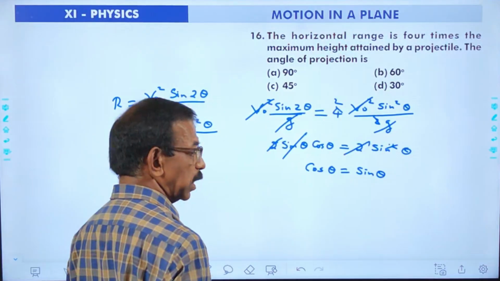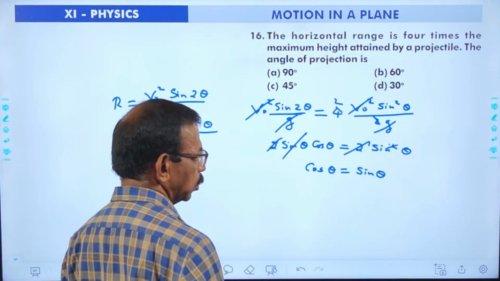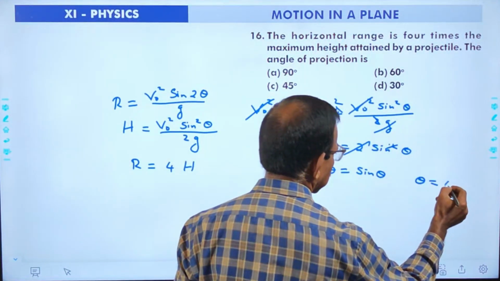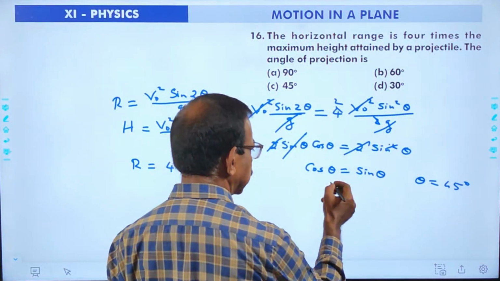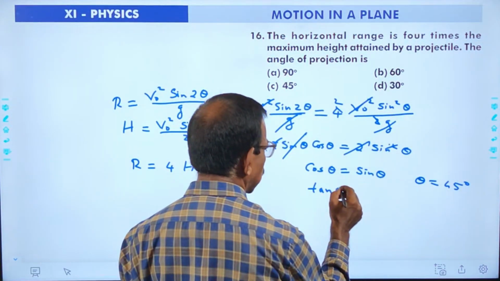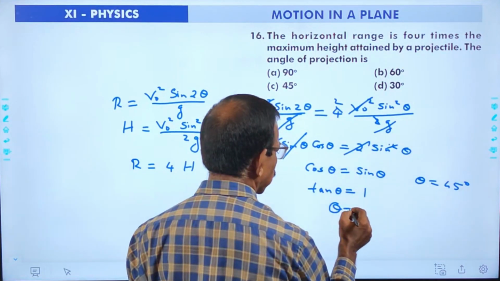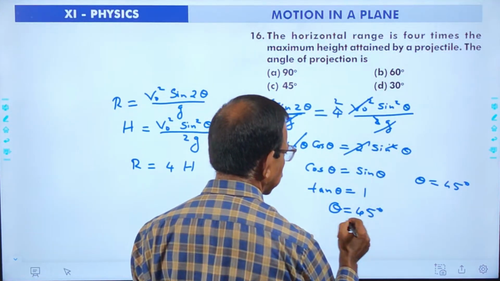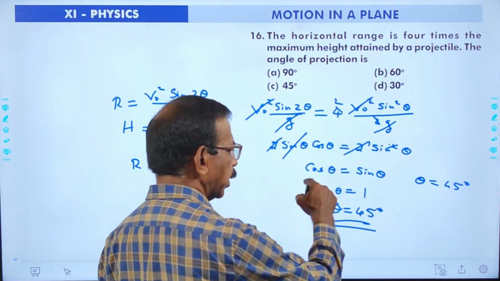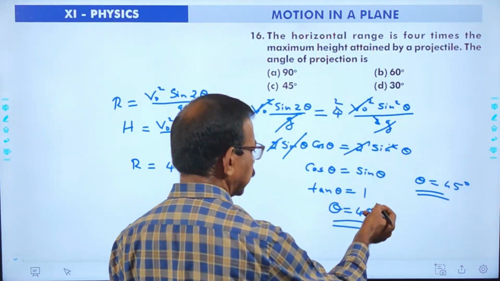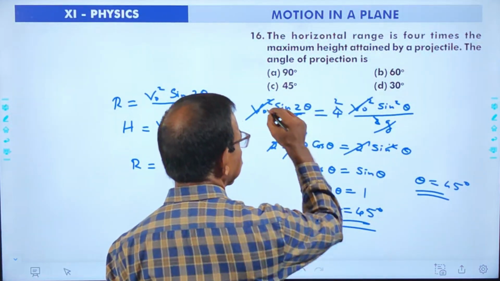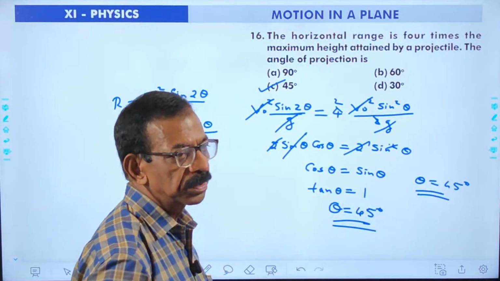Cos theta equal to sine theta is only for 45 degree. As you know, theta equals 45 degree, since sine 45 is 1 by root 2 and cos 45 is 1 by root 2. Otherwise, you may write tan theta equals 1, or theta equals 45 degree. There is only one such angle. Hence, the correct answer is option C.